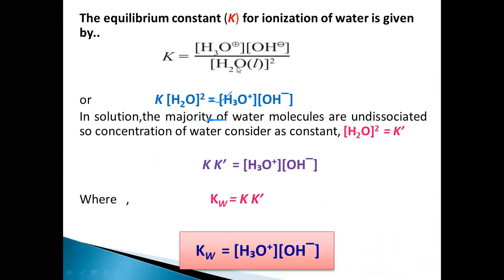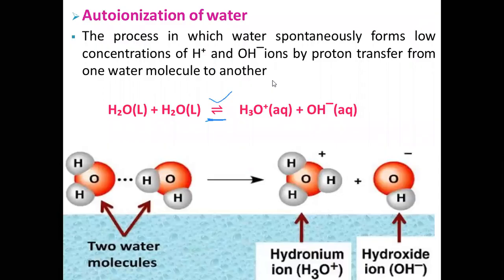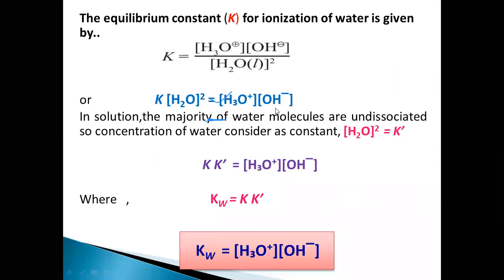So what are the products and what are the reactants? Products are the hydronium ion and hydroxide anion, and the reactants are 2 water molecules. Write down the equilibrium constant equation for ionization of water. K stands for the ionization equilibrium constant, right?